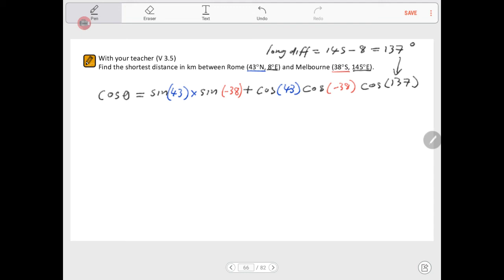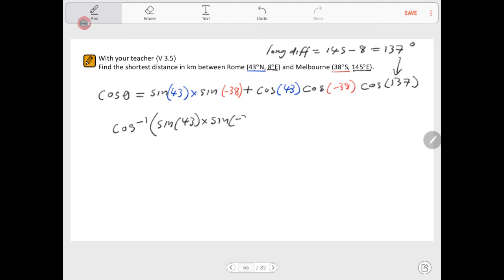Now what you need to type into the calculator is this. We want to rearrange this and get theta on its own. So we have theta equals inverse cosine of all this stuff here. See, the cosine comes over just like regularly. Of course, we're not going to type theta equals. I'll just write down what I want you to type into the calculator. Now this can be a challenging thing to do.